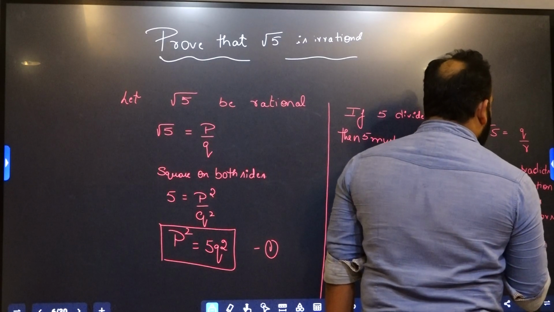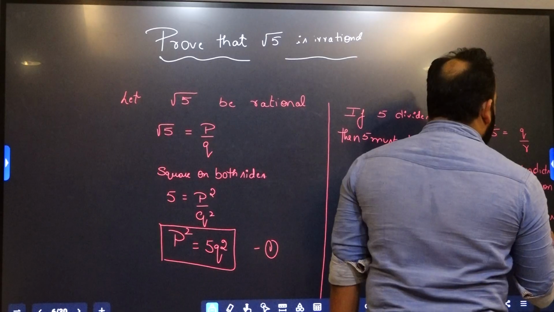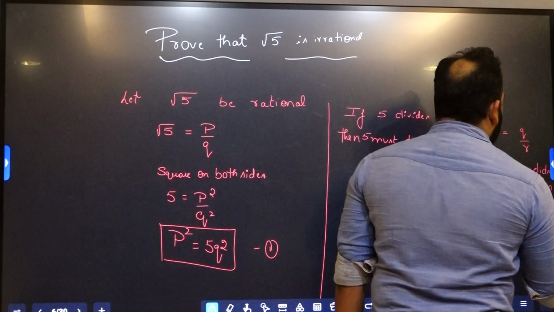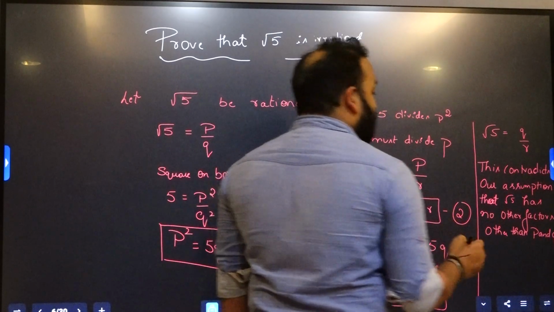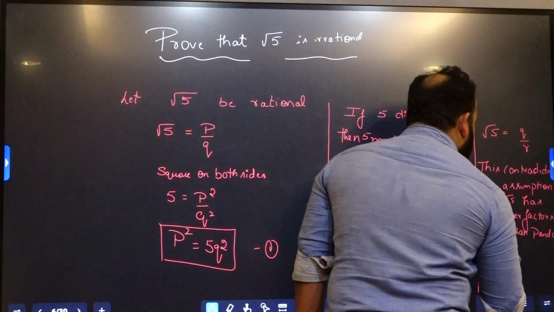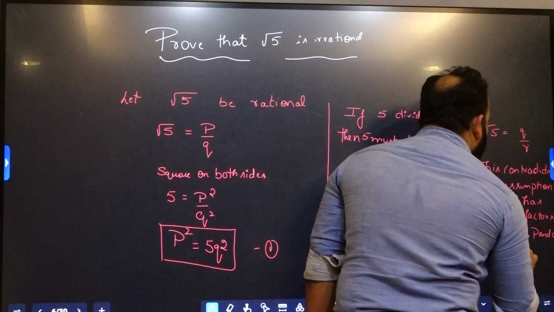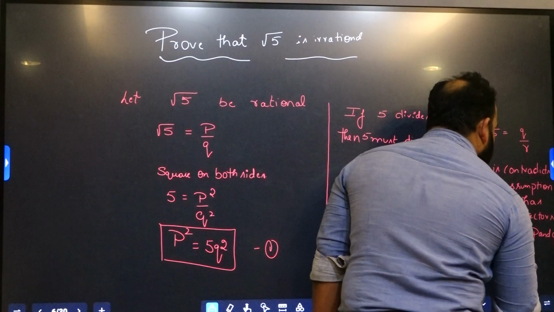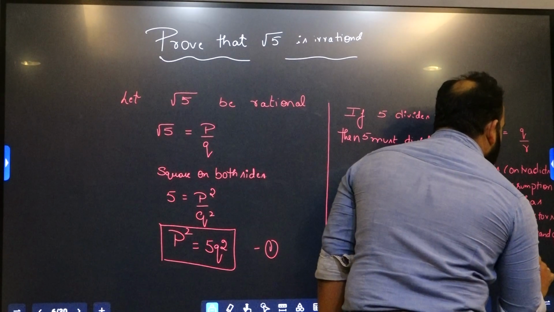Correct children? Other than p and q. Hence we can write root of 5 is not rational, it's irrational.